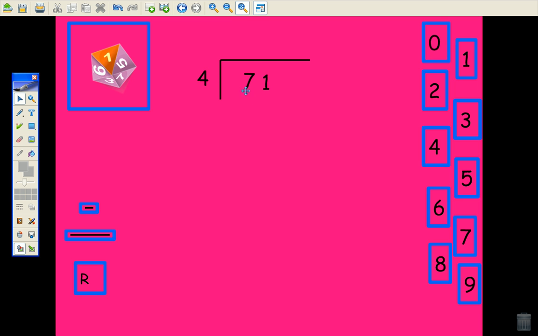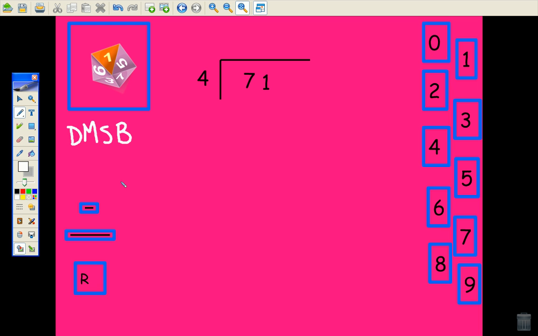Or I could say I have 71, I want to put 4 in each group. How many groups am I going to have? So there's 2 ways you can say the division problem, and there may be a remainder, there may not be a remainder. So we're going to go through the steps of divide, multiply, subtract, and bring down.